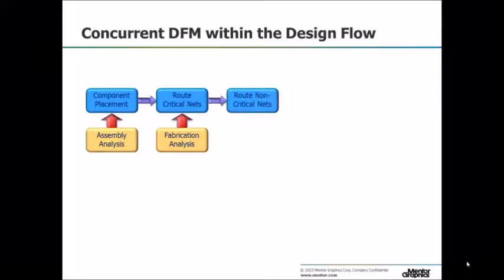The next stage in the design, we can route the remainder of the board, creating our copper planes, and at that stage we can also run a second fabrication analysis. So we're really building up a good picture of our design, finding out where the design could be improved upon for reliability and yield, and also from the point of view of real manufacturing violations.